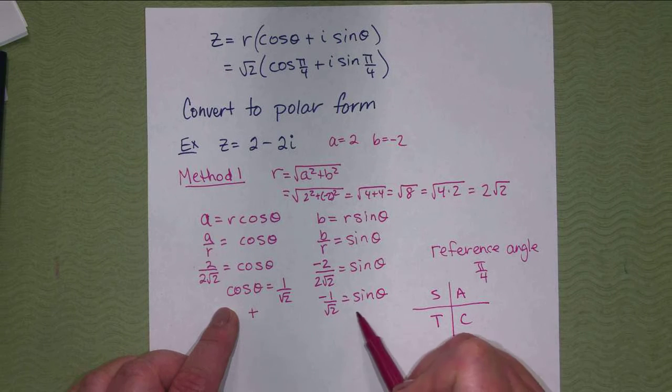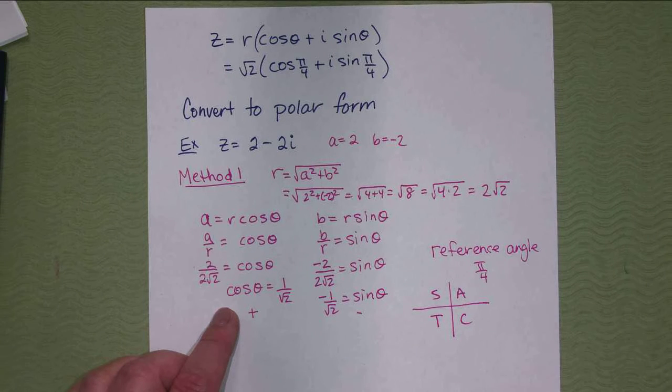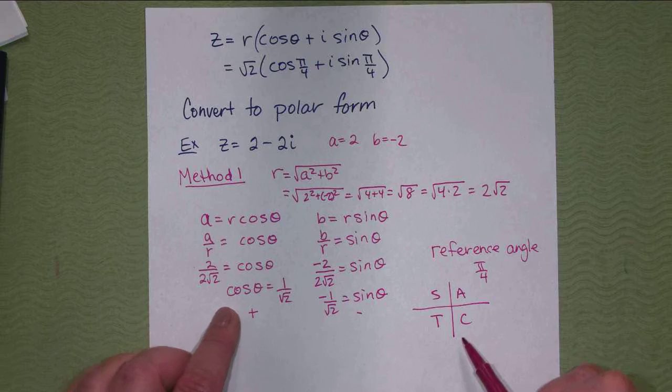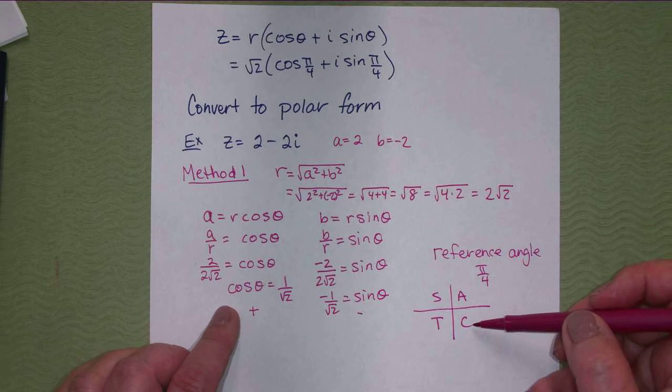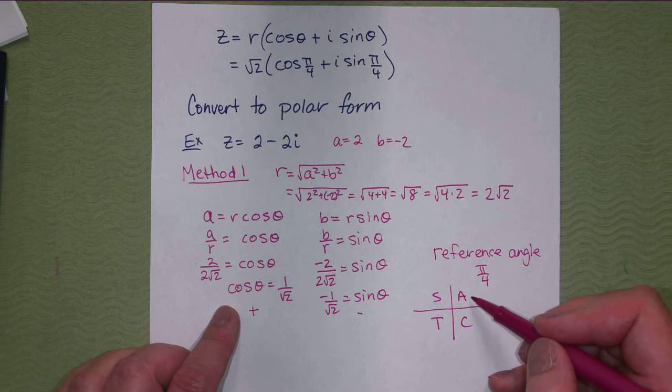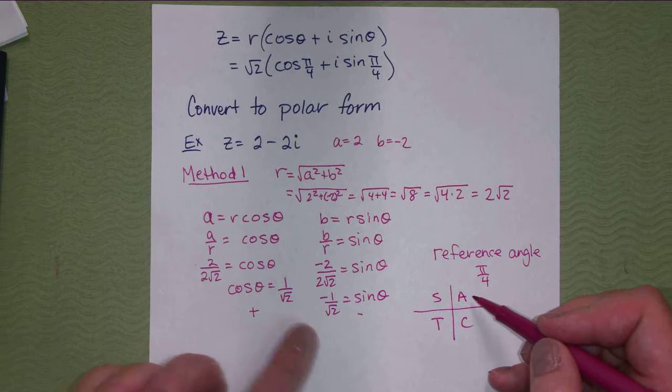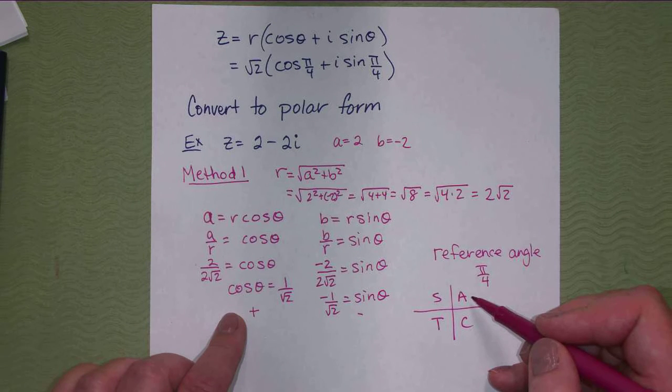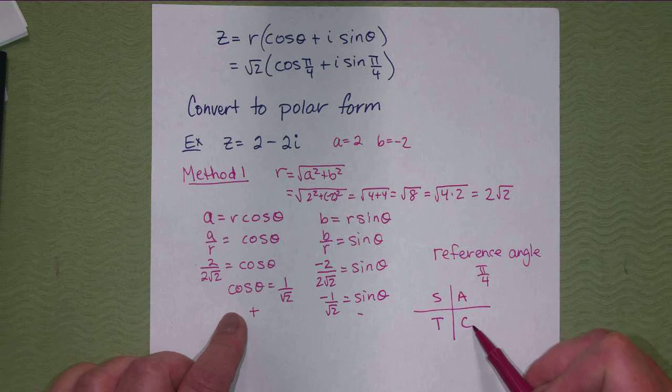So where would that be? The C is cos, so yeah, A stands for all are positive. So this one would not be that, because we want sine to be negative. The C is cos is positive, everything else is negative. So cos is positive and sine is negative would be right here.